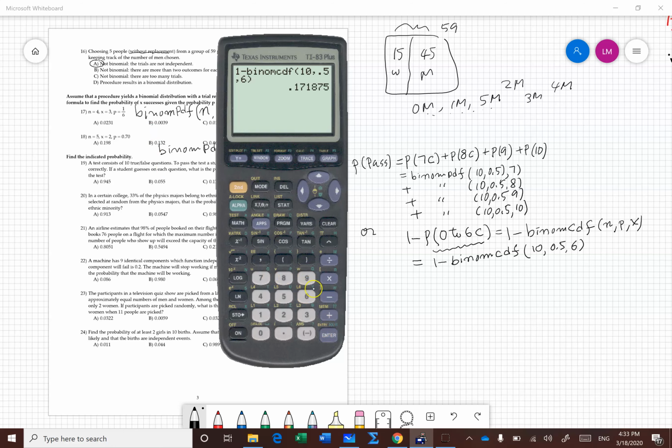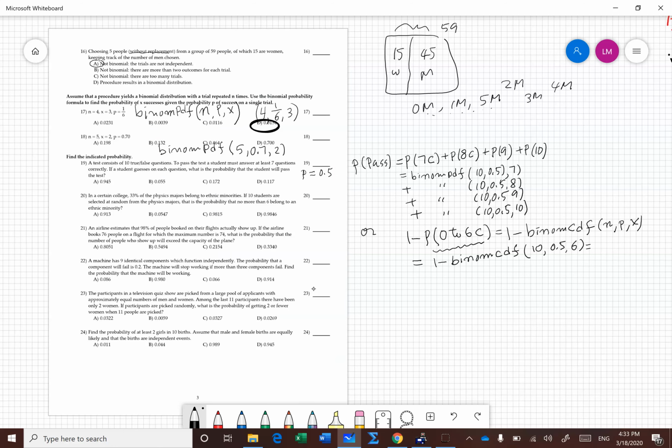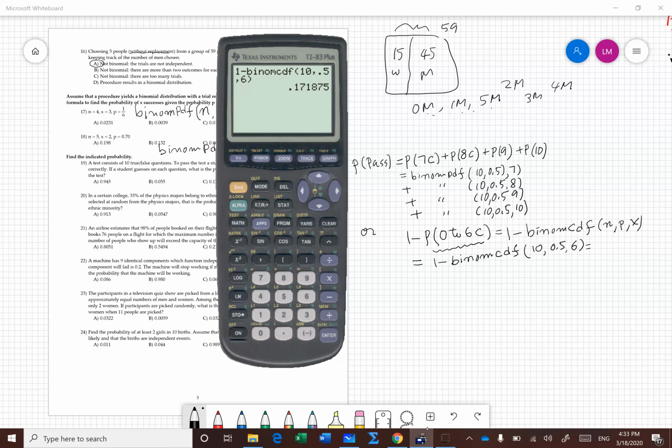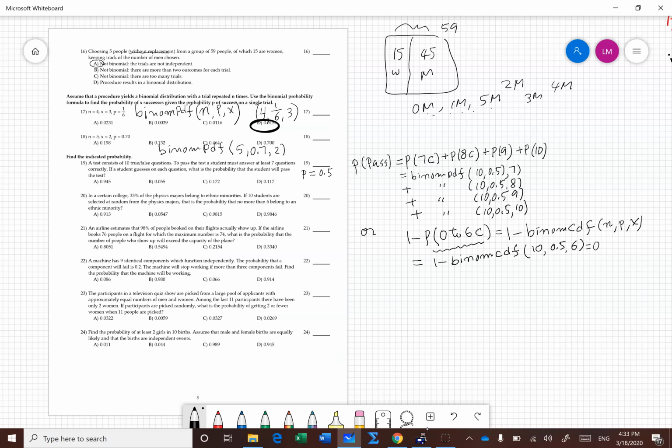If you do that, you get, did you see the number? 0.171875. If you round it, it is 0.172. Okay? So remember the wording of the question. Now, it's much easier than adding these 4 numbers. So remember this formula right here.